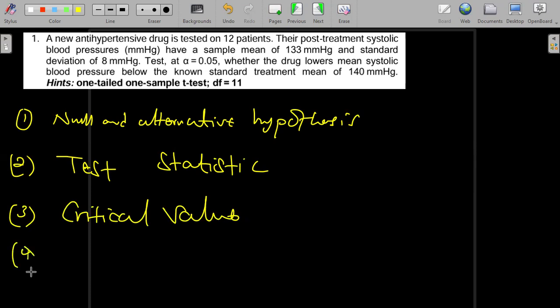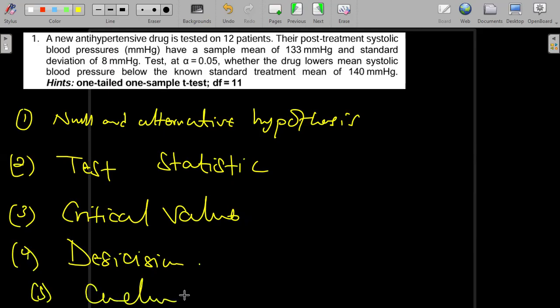And then the fourth step is to make the decision. Based on the calculated test statistic and the critical value that you found, you have to make a decision, and then finally you have to conclude, either to reject the null hypothesis or to fail to reject the null hypothesis.